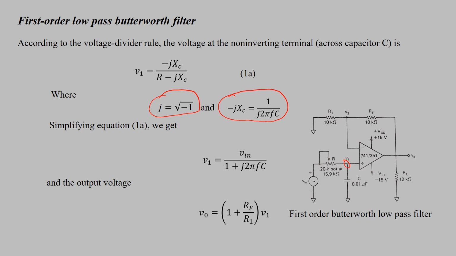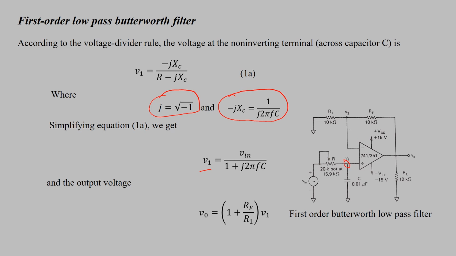So when we simplify this equation, V1 becomes Vin over 1 plus j2πfRC. This is the value of V1.